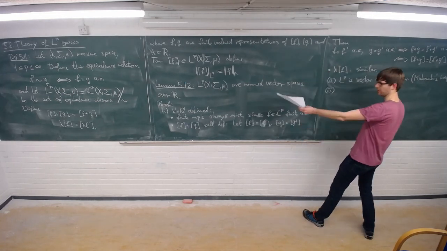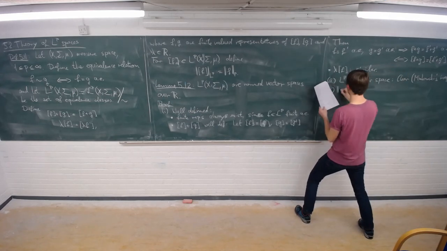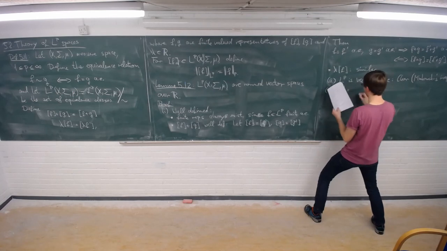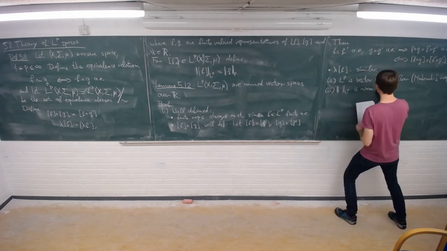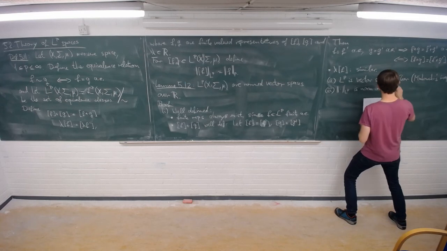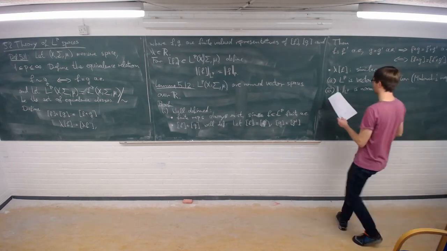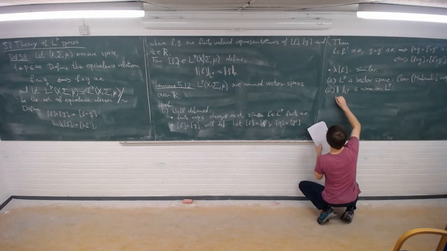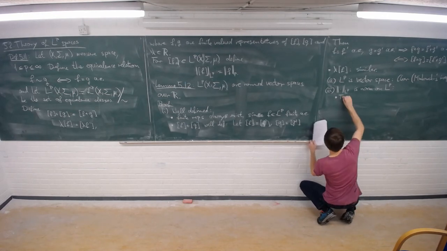Okay, and the third part of the proof is to show that the LP norm is actually a norm. And to prove this, we have to check three things. First, the triangle inequality.